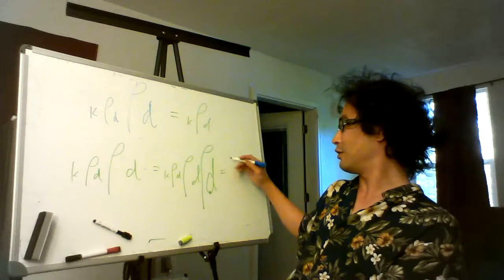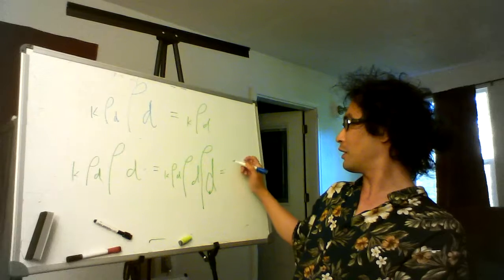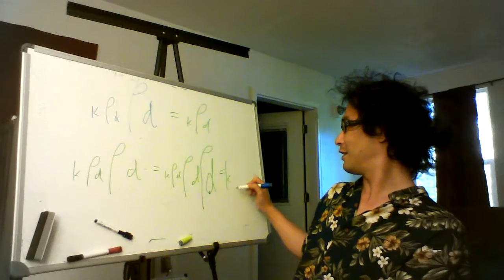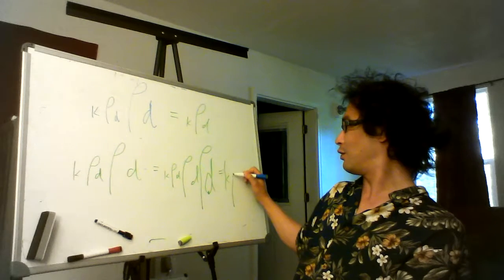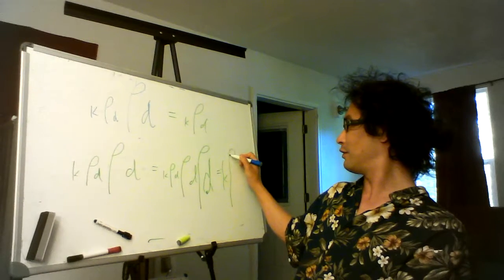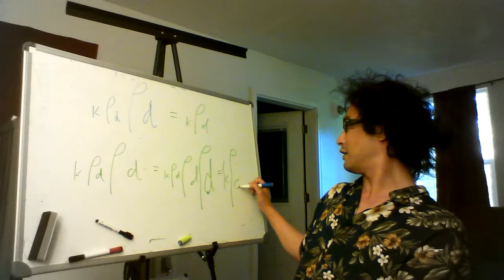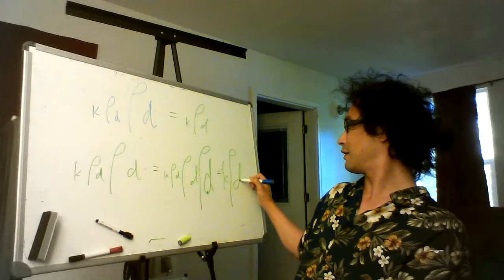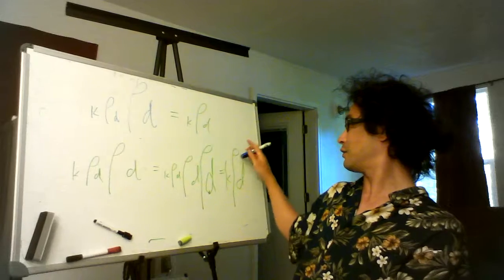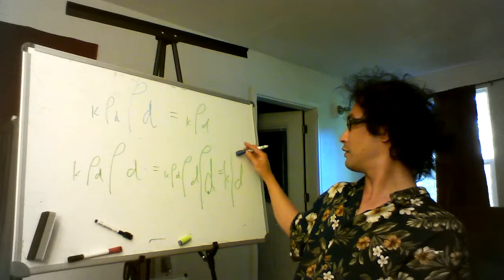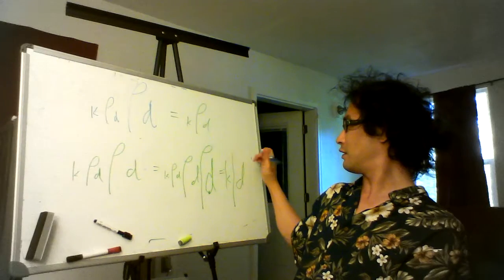Again, upper limit, lower limit. So K, rho, D. I'm sorry, it's bigger than that.